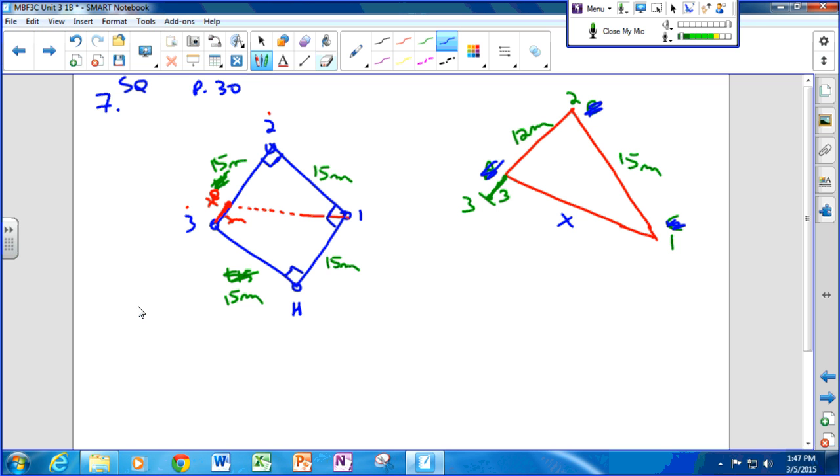Well, wait a second. If I assume that's a right angle, then this is not a law of cosines type problem, is it? What else can I assume then? I don't think I really have much. They do have to be right angles.